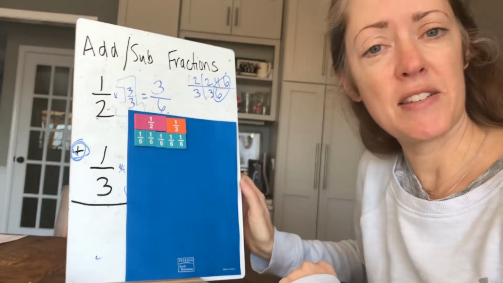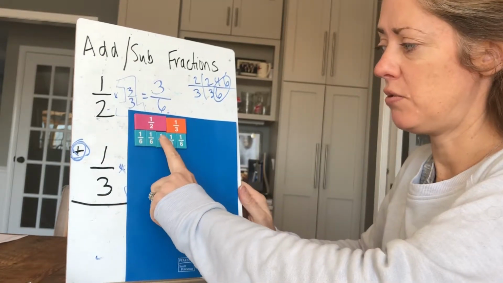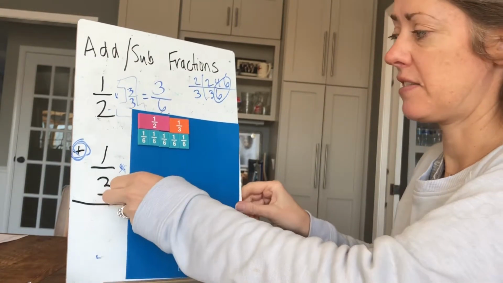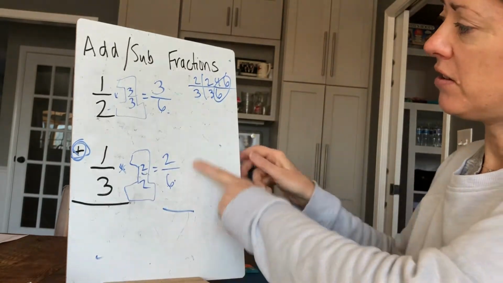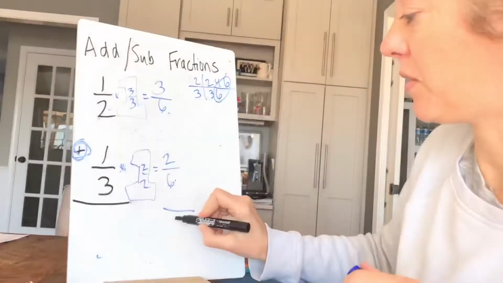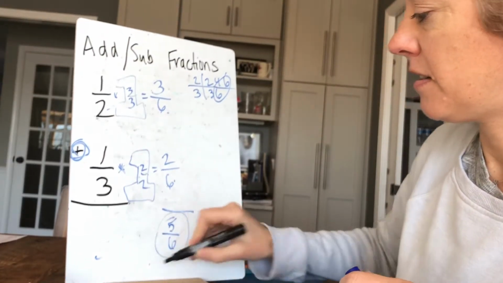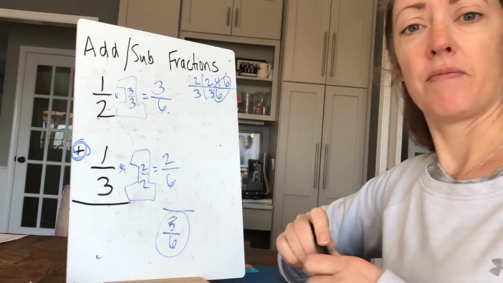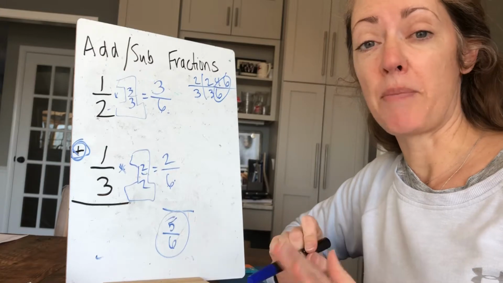So how many sixths do we have altogether? 1, 2, 3, 4, 5, 6. We also could look here. 3 plus 2 is 5. So we know that our final answer would be 5/6. Okay? All right, I'm gonna go ahead and stop this video.